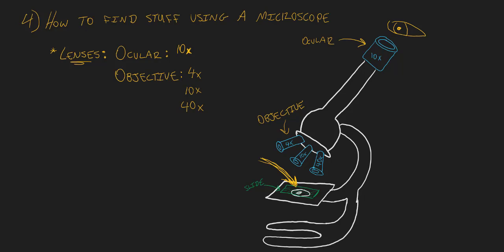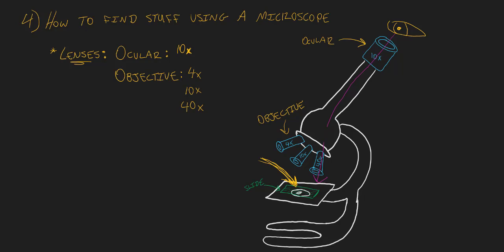The next would magnify an image by 10 times, and the largest would magnify an image by 40 times. Now notice, when you look through this microscope, you are looking through first the ocular lens and then one of the objective lenses. That means both of those lenses are going to be magnifying the image that you're seeing.